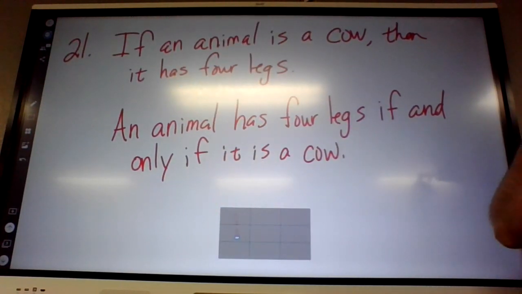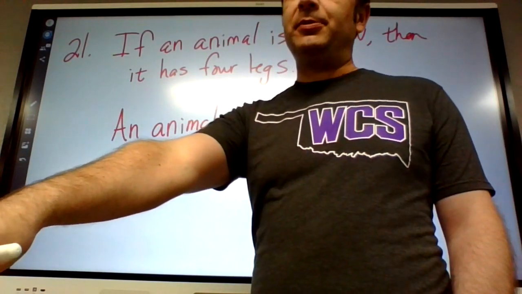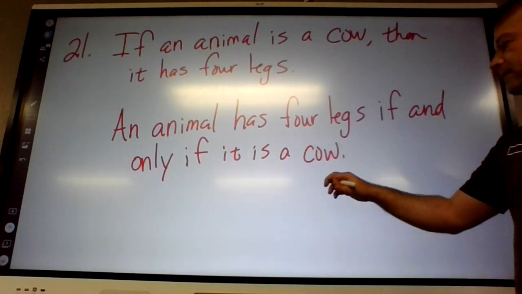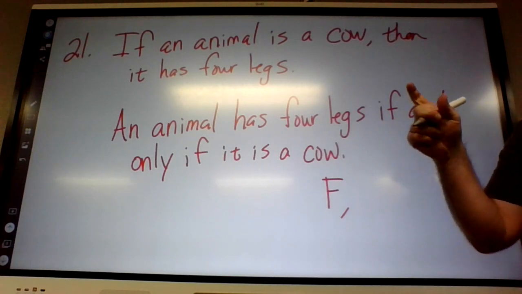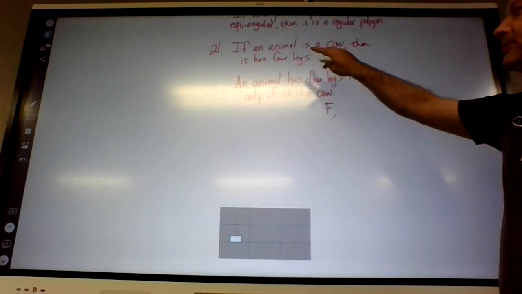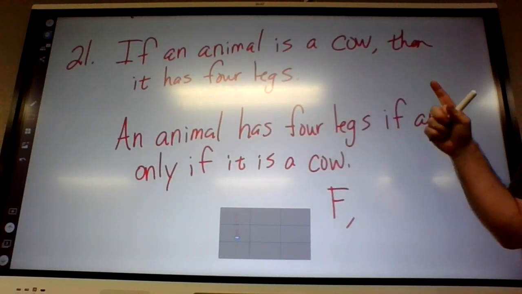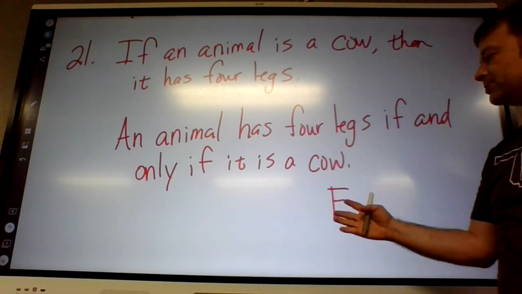True. Okay, and then we have to say true, false. So the original, if an animal has 4 legs, then it is a cow. Think about it, a pig. If an animal has 4 legs, is it a cow? Well, we don't know, so false.